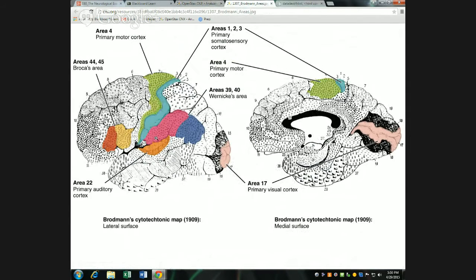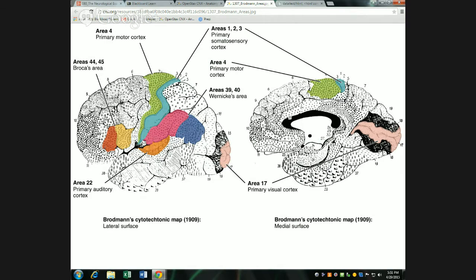It was all microscopic images of brain tissue. But he found that there are all of these different areas that were anatomically distinct. And since then, we've discovered that all of these areas have physiologically distinct functions.